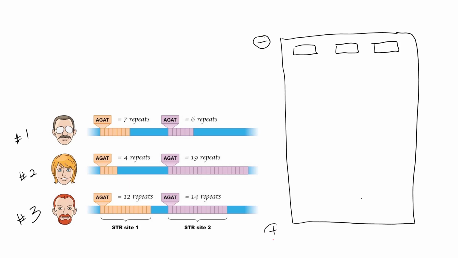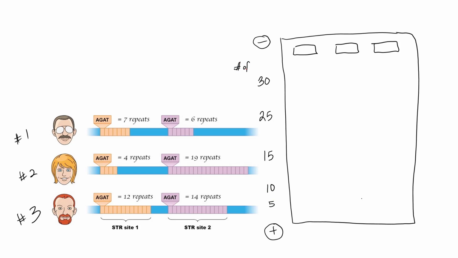Remember, we always say we move from negative to positive end of the gel, and let's say our reference is going to be, we'll say 30, 25, 15, 10, and 5.